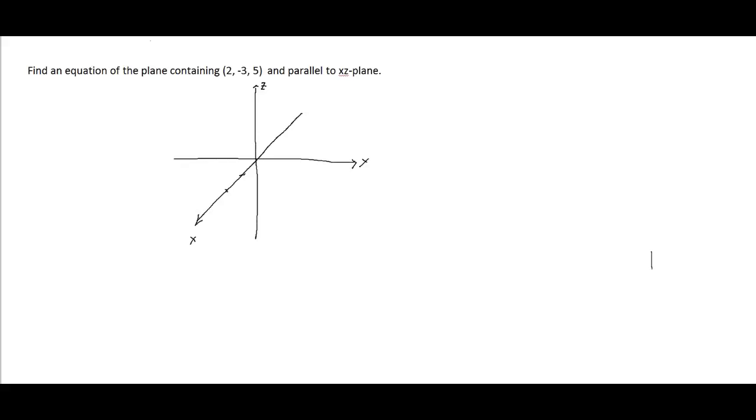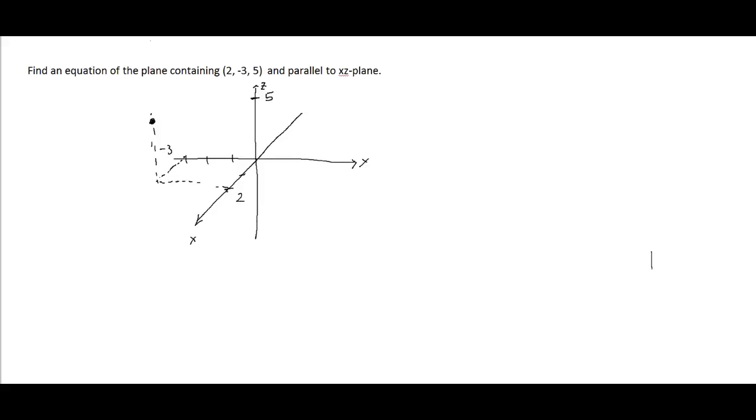And the x value is 2, while the y value of the point is negative 3, and z is 5. So let's say that this is where z is 5. So the point that we are considering would be something like that.